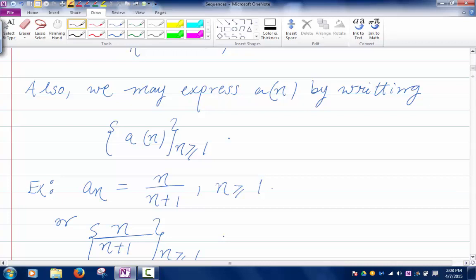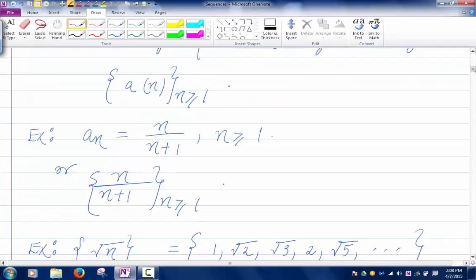Now, for example, let's look at the next sequence, a subscript n, given by n divided by n plus 1, where n is larger than or equal to 1. Okay, so that's the sequence. Another notation for that sequence would be n over n plus 1 in curly braces, where n is bigger than or equal to 1. So outside the curly brackets, you write down the valid values of n.